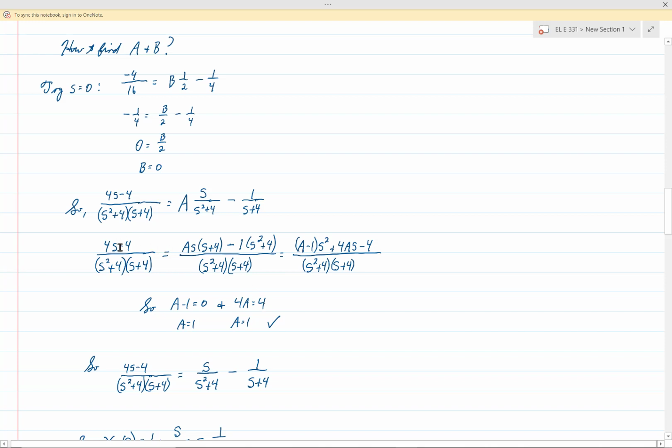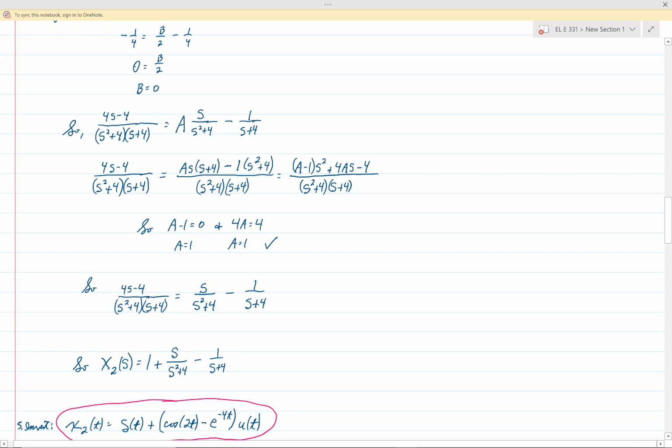And notice that the constant terms match up. We have minus 4 and minus 4. So I have two equations concerning a here: a minus 1 is equal to 0, and 4a is equal to 4. And fortunately, if we have made no mistakes, these two equations must give us the same solution, and they do. A is equal to 1.